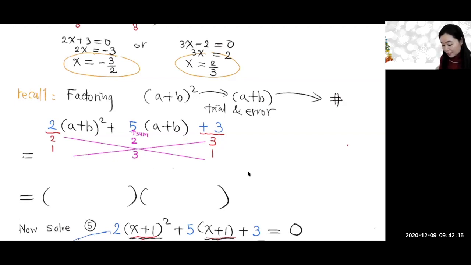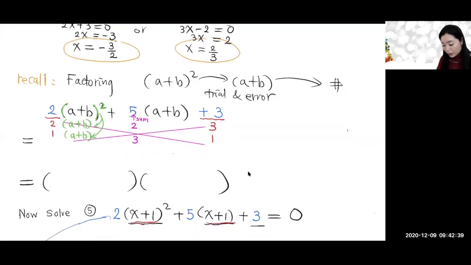Now when you read this, then this (a plus b) squared over here, you will put it down over here. You put it back, okay, when you read the factoring. So parenthesis a plus b, parenthesis a plus b, okay? So the first factor over here will be 2 times (a plus b), and then plus 3. Remember to read that horizontally.